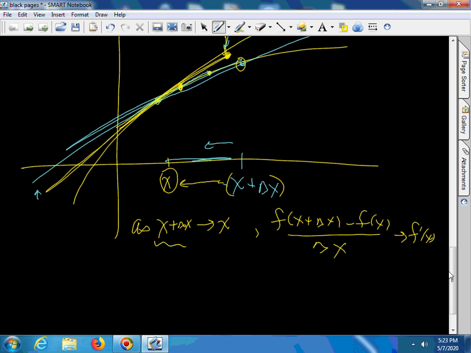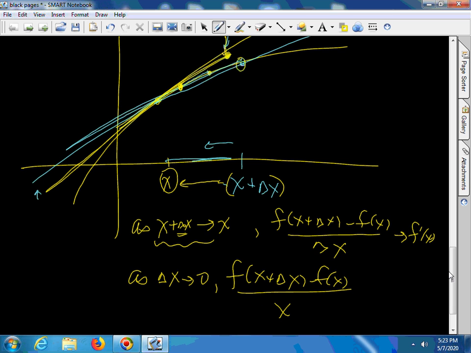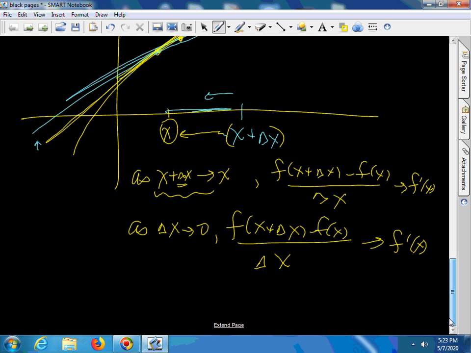Now, this statement is the same as delta x going to 0. So as delta x goes to 0, the slope of the secant line approaches the derivative. The derivative is defined to be the exact slope.